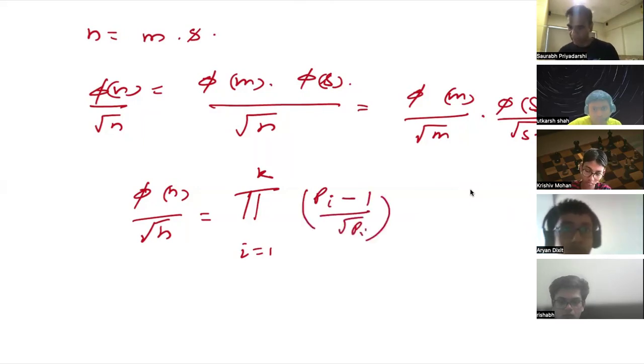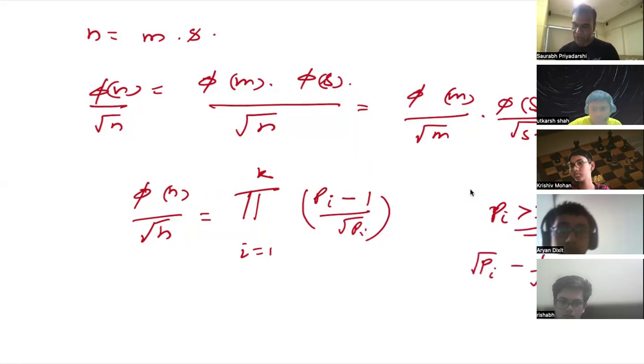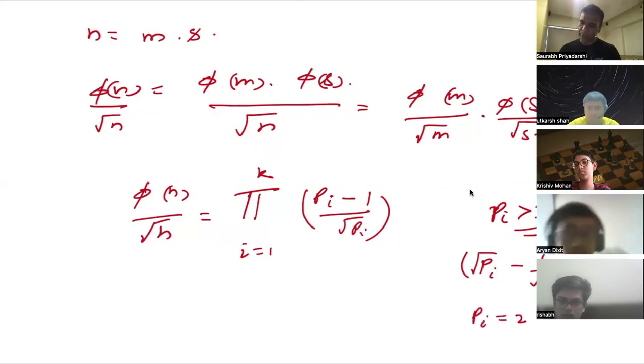And we know that for any pi greater than 3, this root of pi minus 1 by root of pi is always greater than the minimum value, which occurs when pi is equal to 2. This number will be 2 minus 1, that is 1 by root 2. So this is always greater than 1 by root 2.